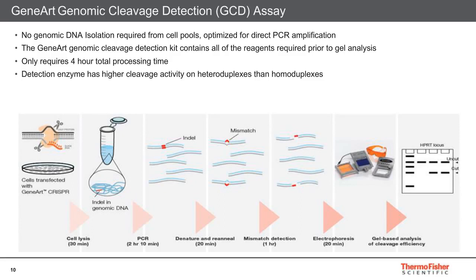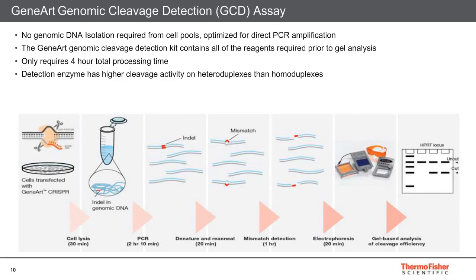and the detection enzyme makes a cleavage at the heteroduplex, leading to the formation of 2 cleaved DNA molecules, which can be easily visualized by running the total product onto the gel, shown here schematically as a cleaved band which runs faster and an uncut band, that's the parental band.